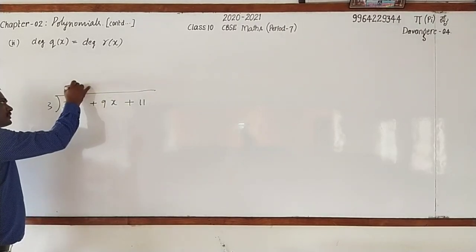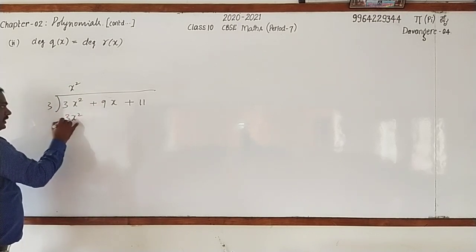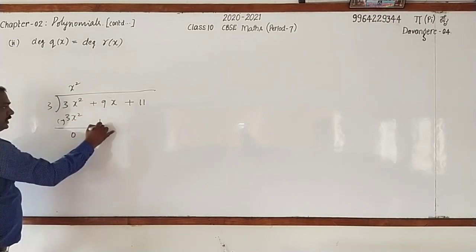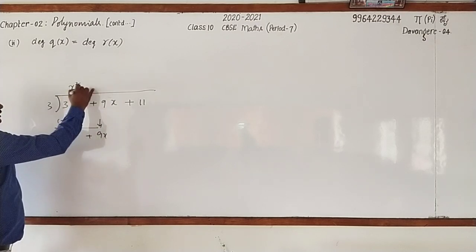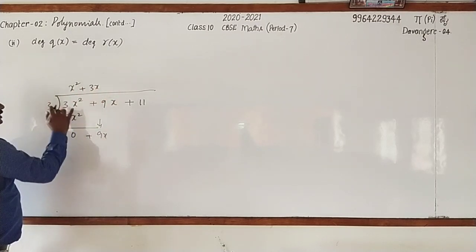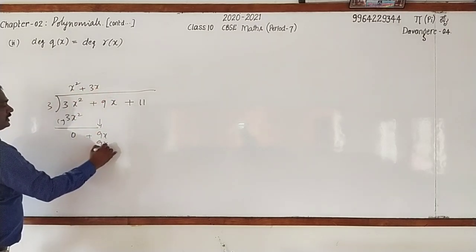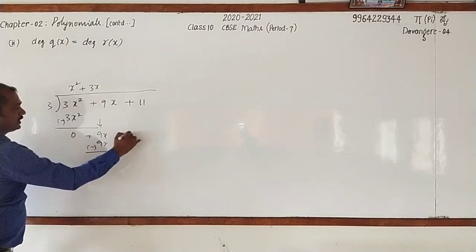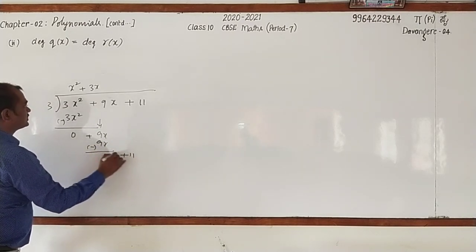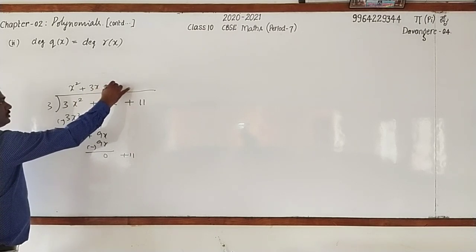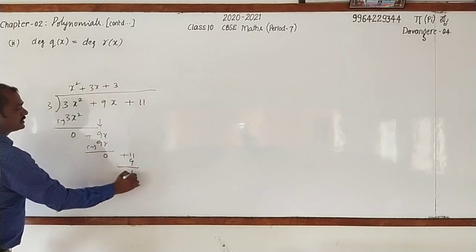If I take x square here, it will be 3x square, get cancelled. It is 0. Then you will carry down 9x. Then 3 into x, 3x into 3, it is 9x, get cancelled. It is 0. You will carry down 11, 3 3s are 9. It is 2.